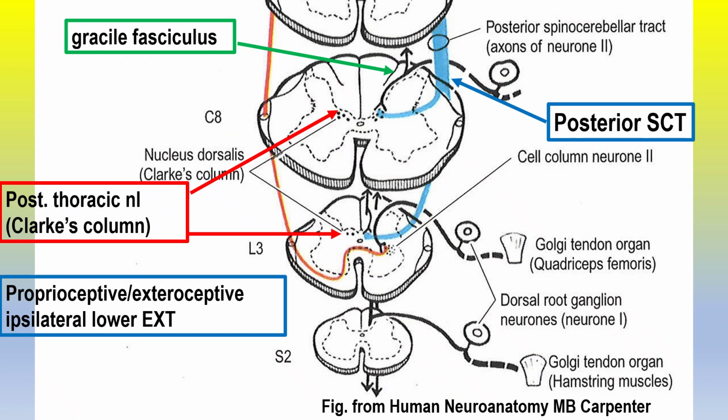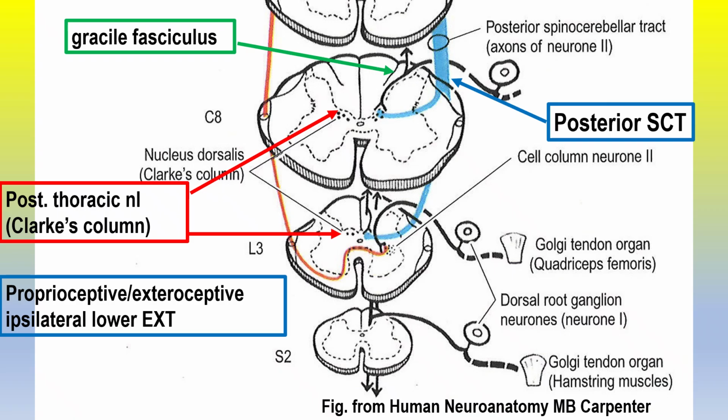It originates from the posterior thoracic nucleus, also known as Clark's column, located in the lateral column of the dorsal horn within the thoracic and upper lumbar spinal cord, spanning segments T1 to L3.